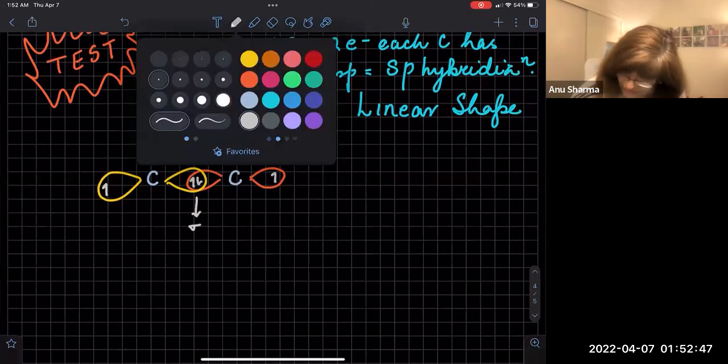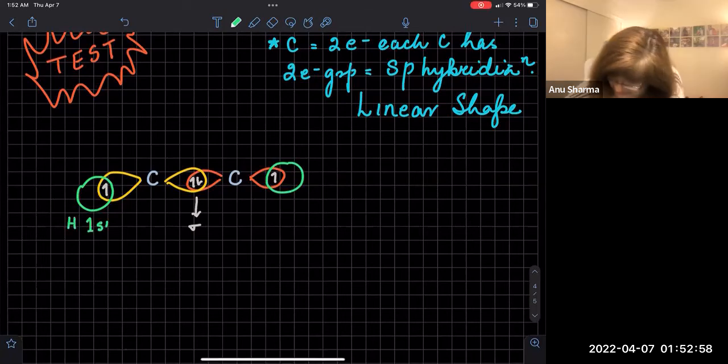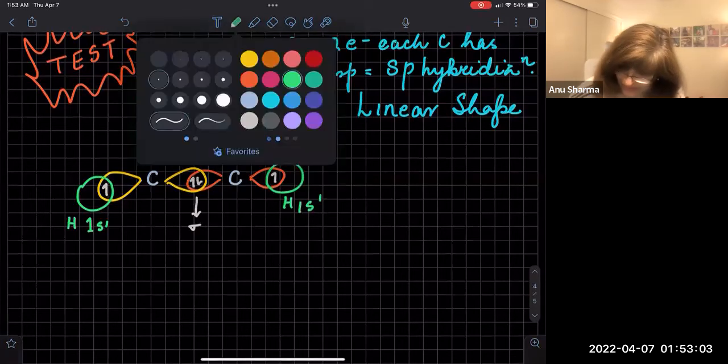Next, carbon is going to combine with hydrogen. So this is the hydrogen bringing in its 1s1, it should be small, and this is hydrogen 1s1.